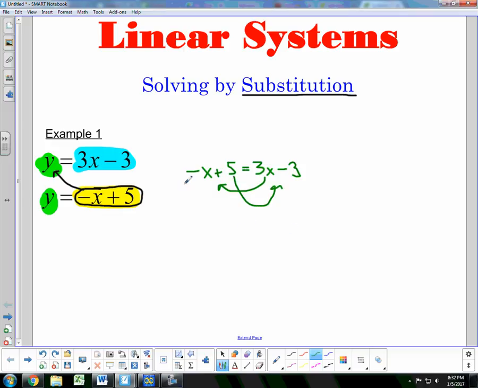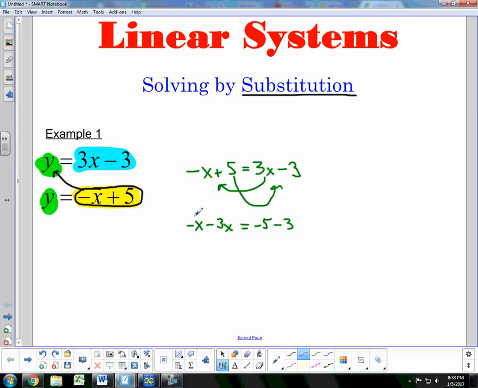So now all the x's will be on the left. So the negative x already stayed over there, so it's still negative x. But this positive 3x, once I move it, it becomes a negative 3x equals. This positive 5 is going to become a negative 5 when it gets moved over. And of course, this negative 3 stays negative 3 because it didn't move. Now you could use a calculator if you want.